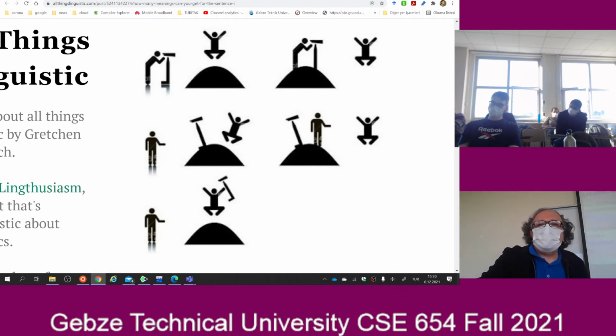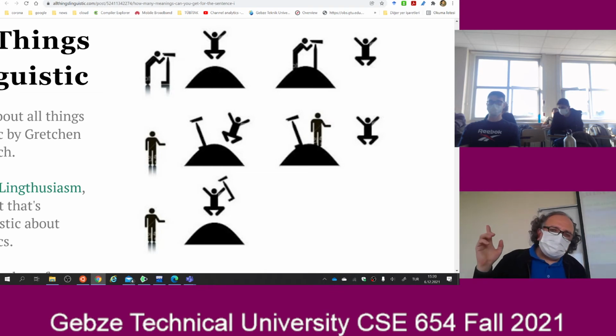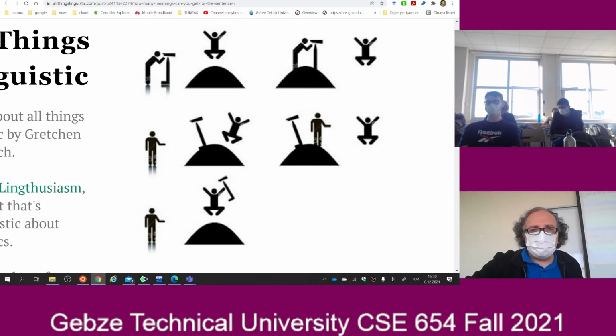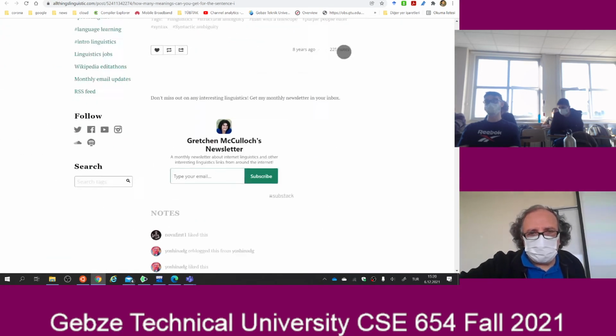In each of these cases I am using the same sentence. Part of speech tags are the same too, but their parse trees are way different. Do I have the parse trees here?